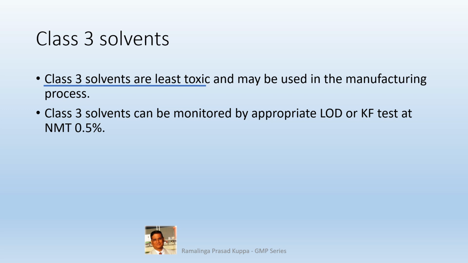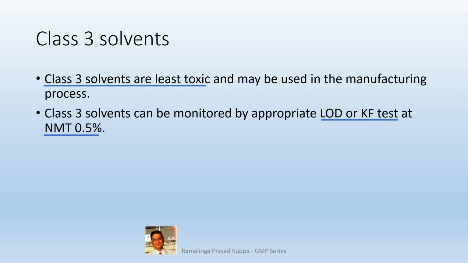Class 3 solvents can be monitored by appropriate LOD or KF test at not more than 0.5%. Unlike class 1 and class 2 solvents, where a specific limit is assigned for each residue, class 3 solvents can be controlled at less than 0.5% as loss on drying.